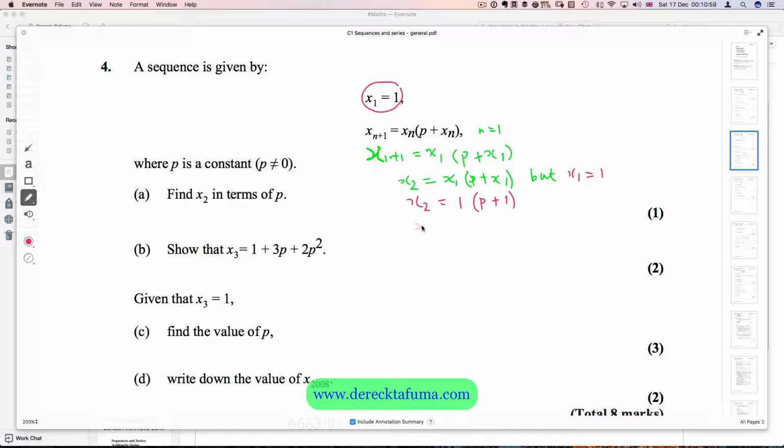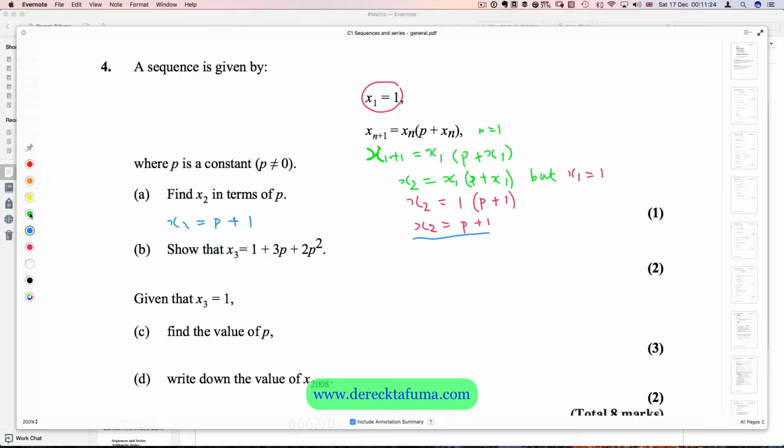So x2 is equal to p plus 1. Okay, that's that one done. Just underline it. Okay, so x2 is equal to p plus 1.